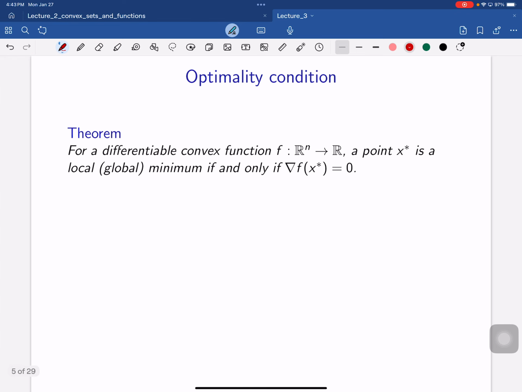Now, after showing that, there is another property we will be using to get the minimum of a convex function. So the theorem is saying the following.